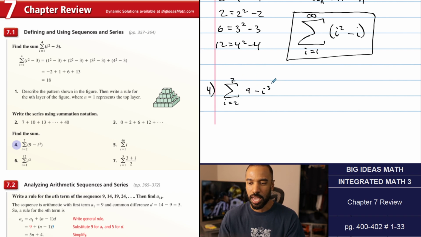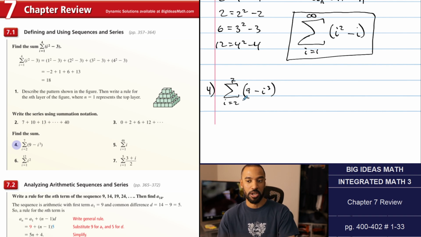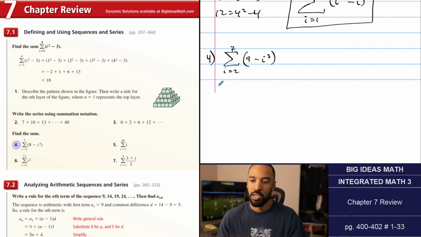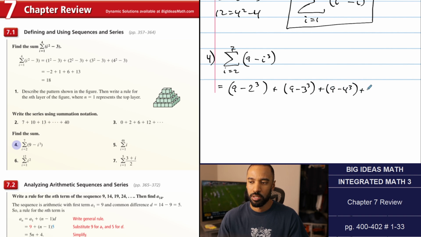So this is, again, one where we're not starting from 1, but we are going to substitute 2 into here, and then 3 and 4 and 5 and 6 and 7 and add those up. So this is going to be 9 minus 2 cubed plus 9 minus 3 cubed plus 9 minus 4 cubed, 5 cubed and 6 cubed and 7 cubed, etc.